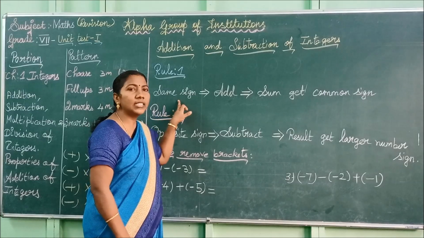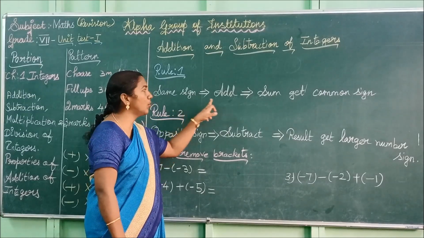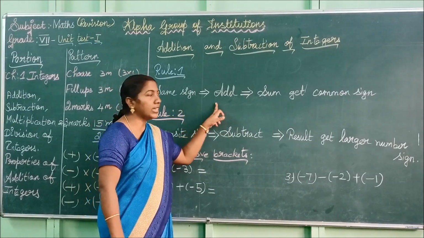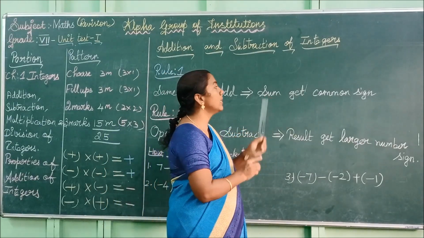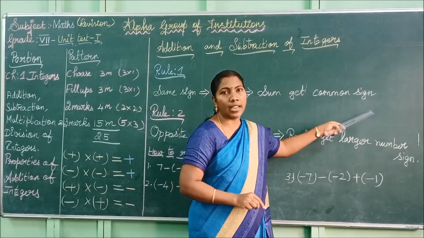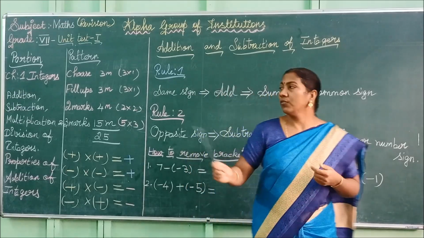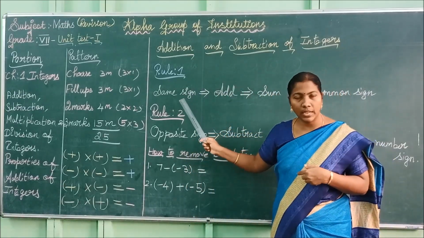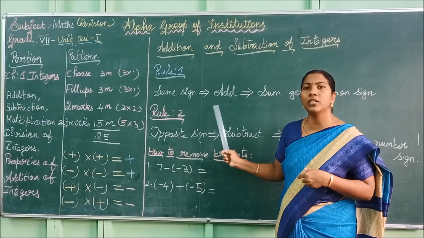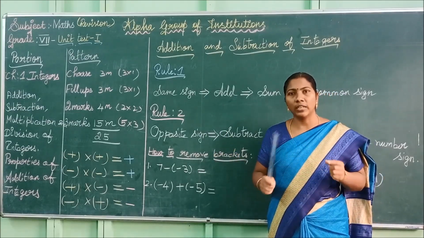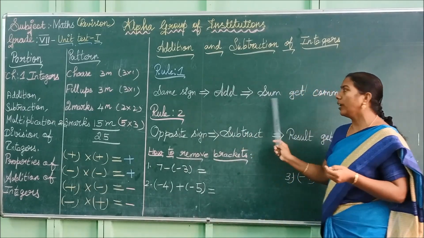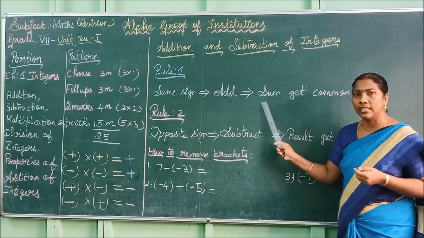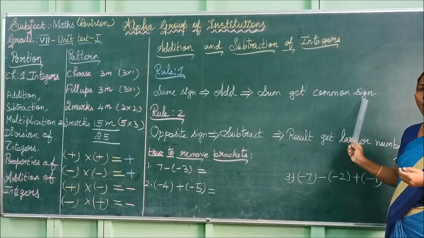If the given integers are in the same sign, you have to go for the operation addition. It means you forget the symbol and add the given values, and then you get one answer. We call that answer a sum. That sum gets the common sign.